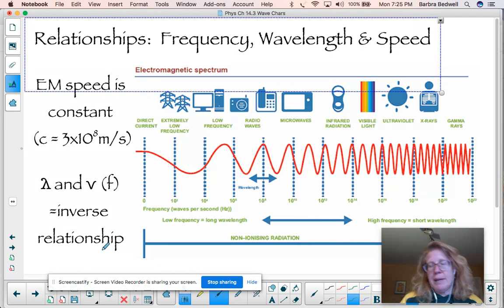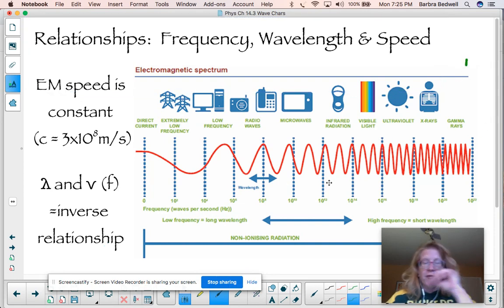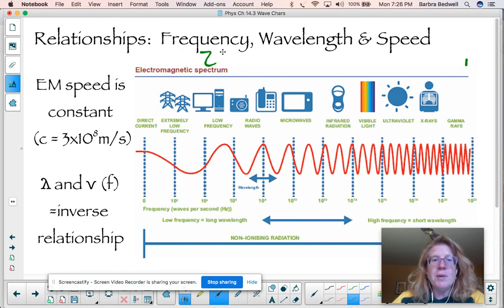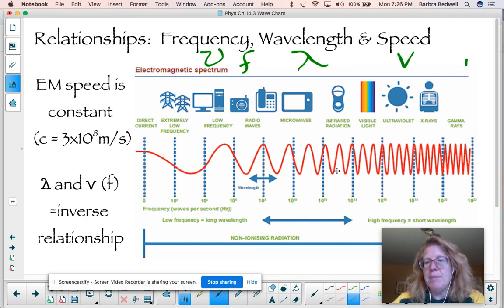When we're talking about electromagnetic radiation, there are some consistencies that allow us to see the relationships between frequency, wavelength, and speed. So again, frequency has this letter, or it could be that one as well. Wavelength is the Greek letter lambda, and then speed is velocity typically. And this works for pretty much any type of wave.